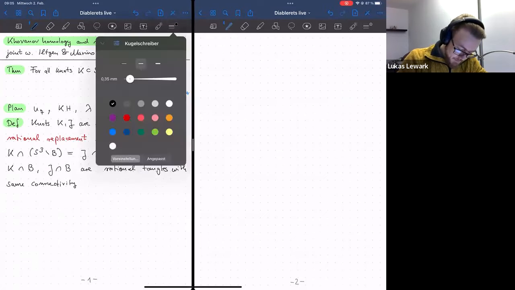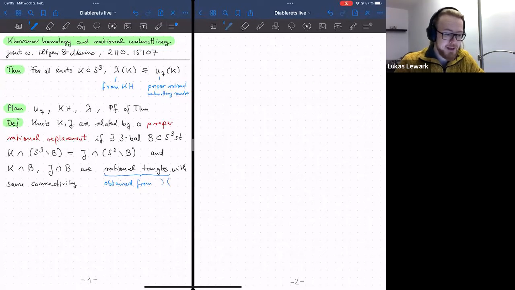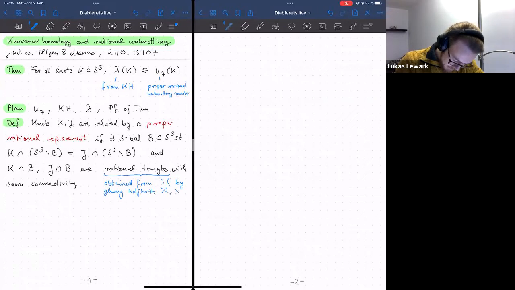So first of all, a rational tangle is a tangle with 4 endpoints, which you can obtain from this simple tangle with 4 endpoints just by adding half twists to the bottom and to the right. So this is obtained from this simple tangle by gluing half twists, half twists to the right and to the bottom.